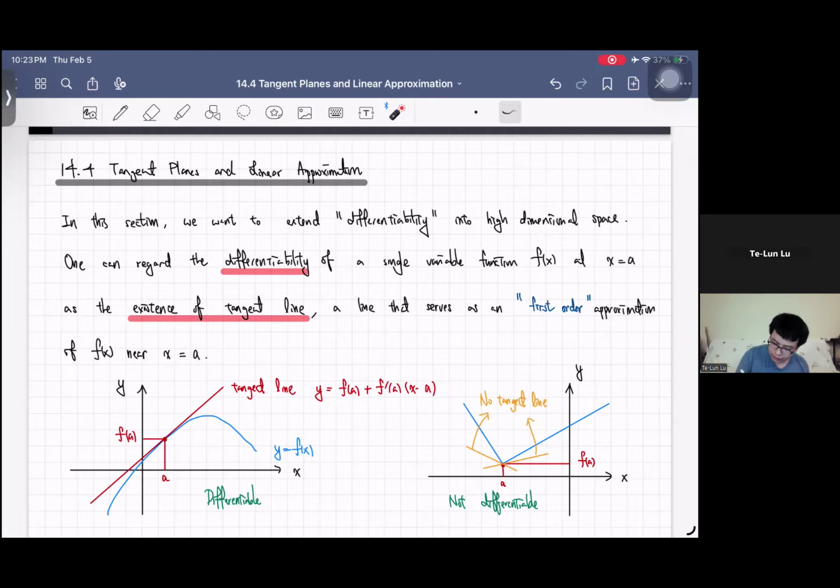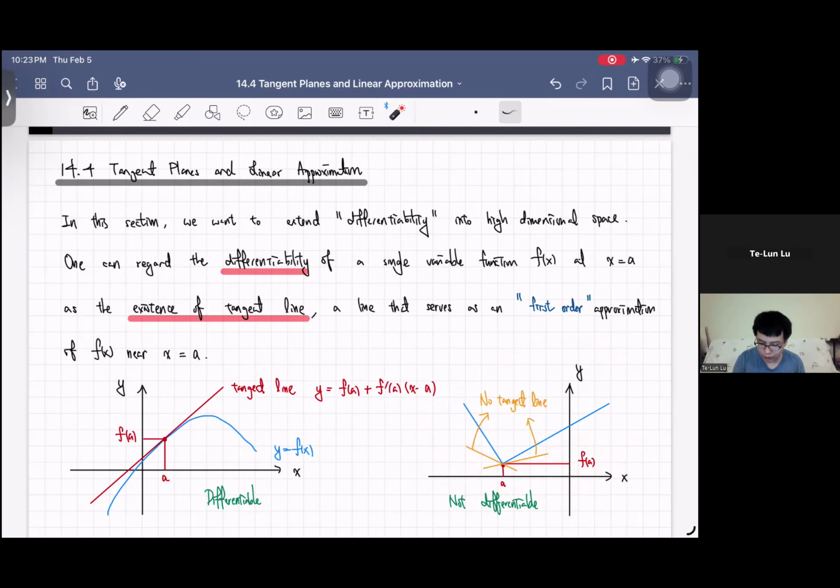You can see that you can never find a tangent line for this blue curve, because however you draw the lines that pass through the corresponding point a, f of a, none of these lines will be a good approximation for the value of the function near the point a when x is close to a.